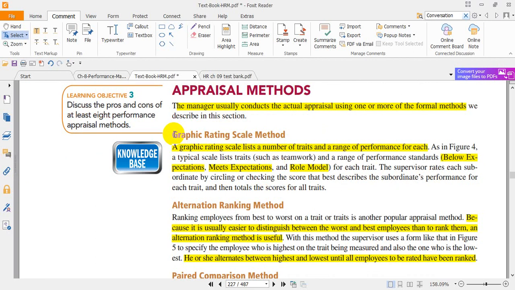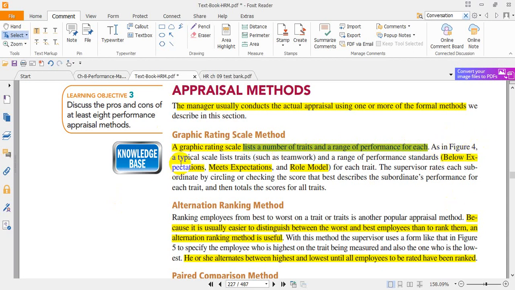One method is the graphic rating scale method. A graphic rating scale lists a number of traits and a range of performance for each trait.